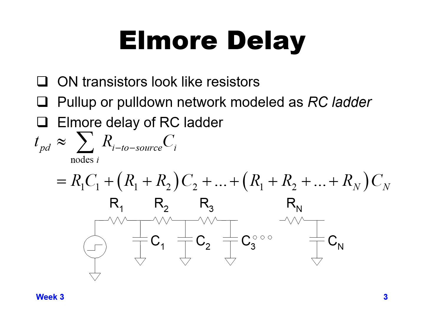And if you go up to N in series, you have R1 plus and so on up to plus Rn times Cn at the output. So you can see the Elmore delay of an RC ladder gets slower and slower, not just by a linear amount as you add additional devices in series, it becomes slower than linear.